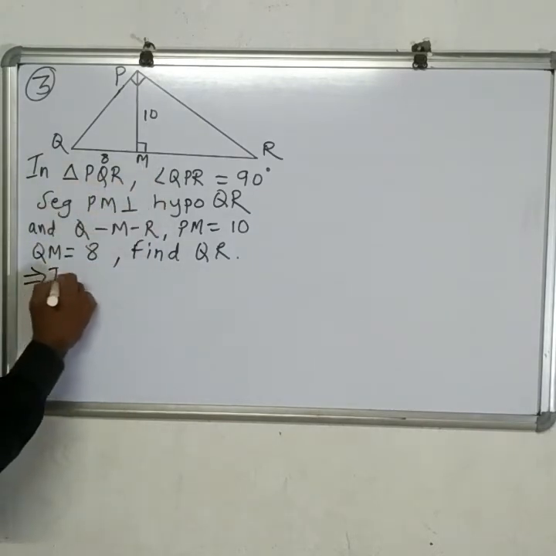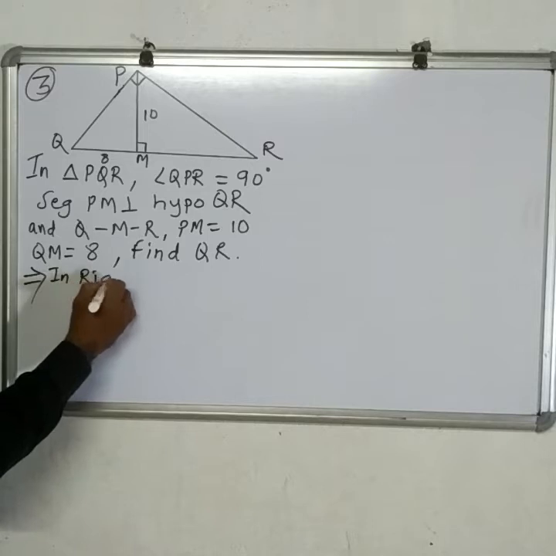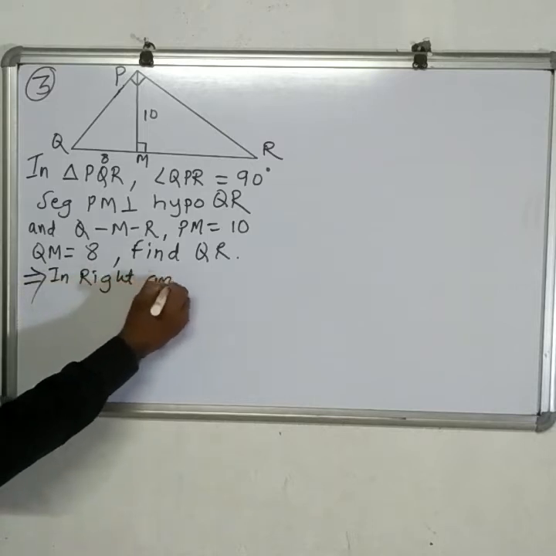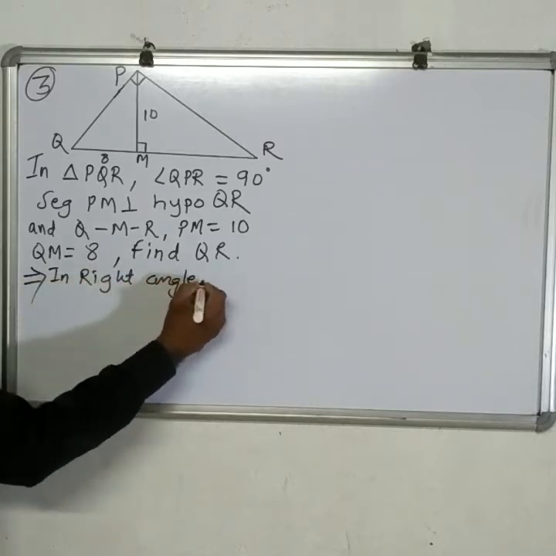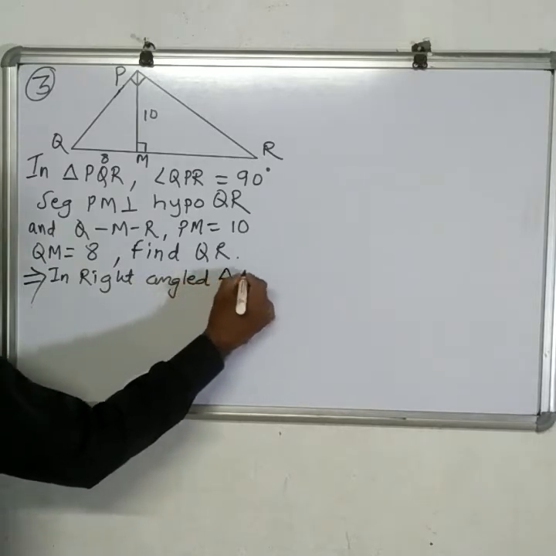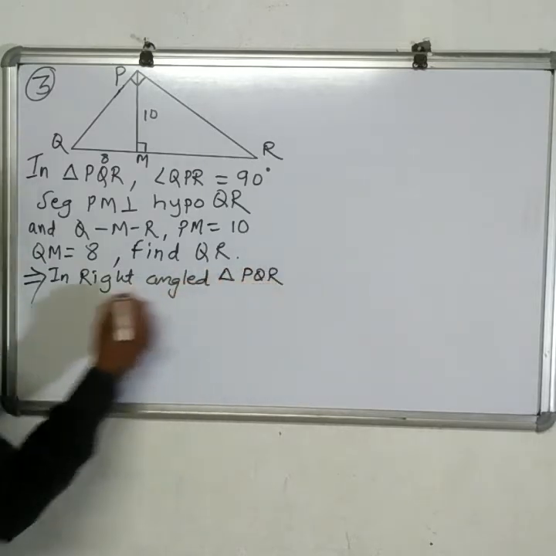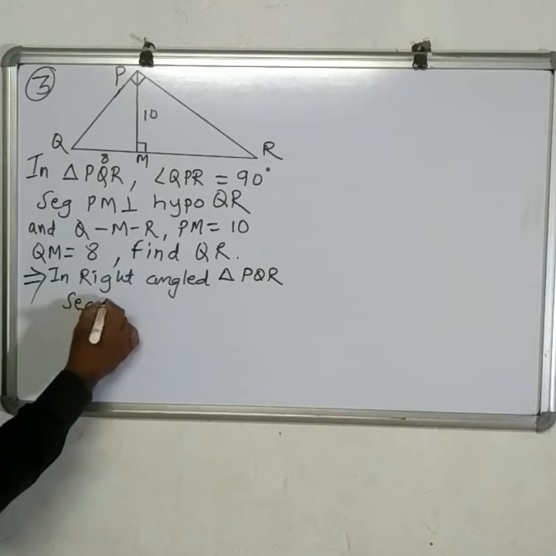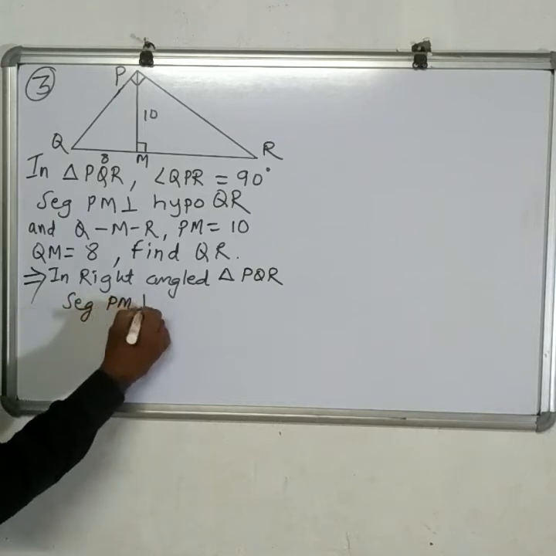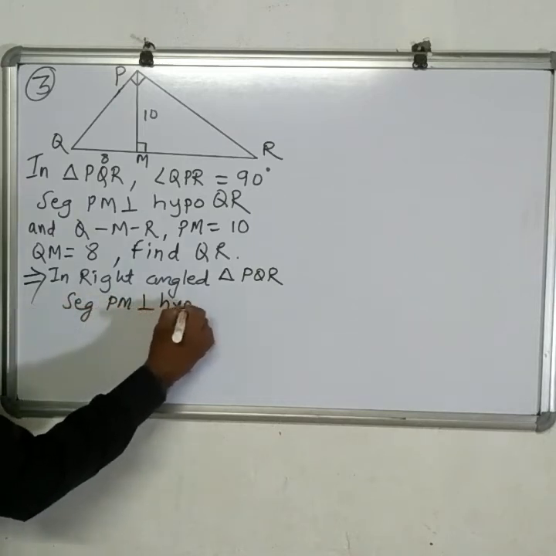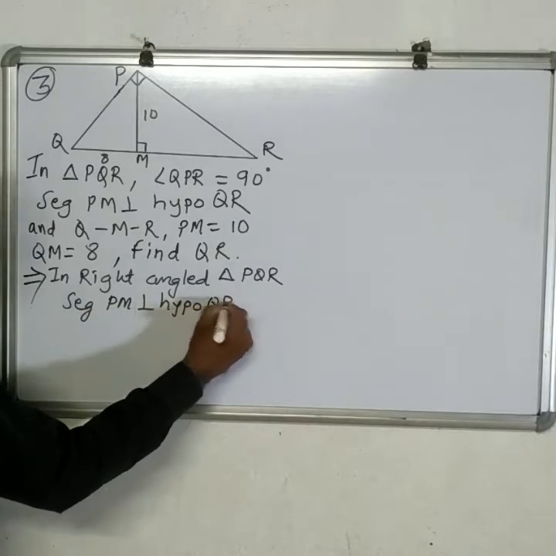So in right angle triangle PQR, segment PM is perpendicular to hypotenuse QR.